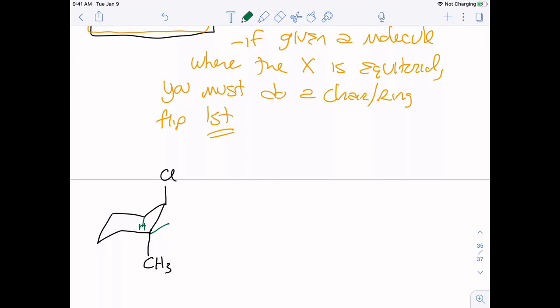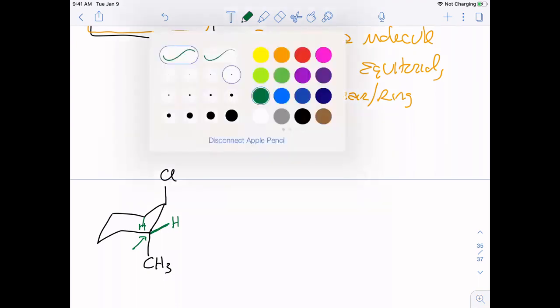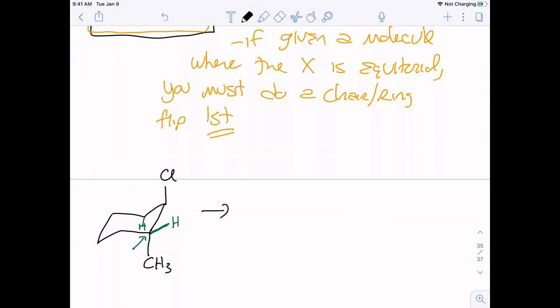But in this carbon, my methyl group is axial, which means my hydrogen is equatorial. So because this hydrogen is equatorial, that is not an option for elimination, right? They both have to be axial. Trans diaxial, di meaning two, both of them are axial. So my only possible product for this one when we eliminate is this one. Only the di-substituted product.